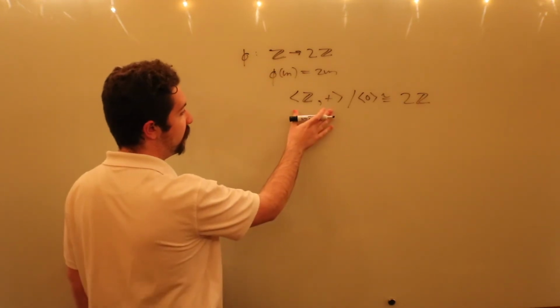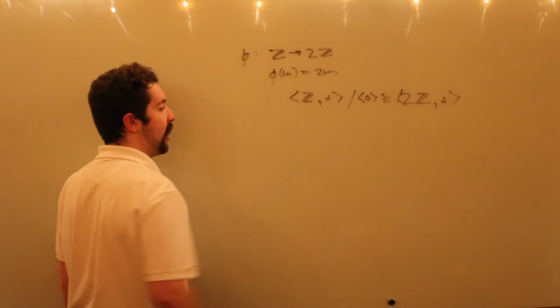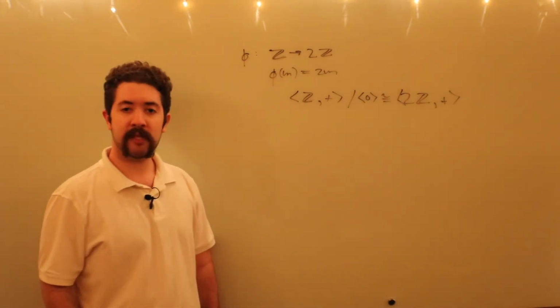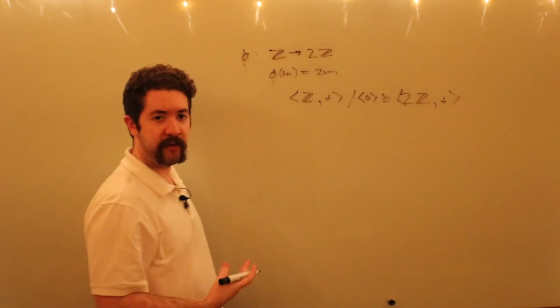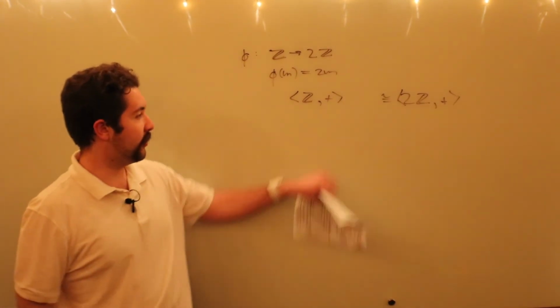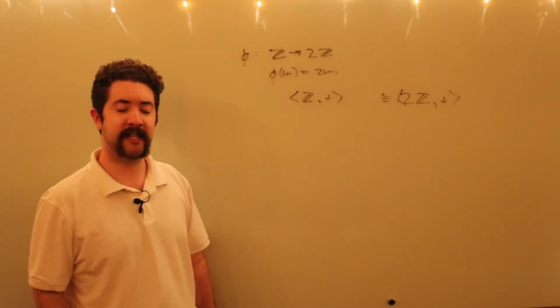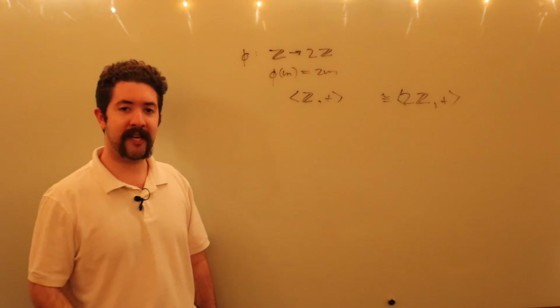We have that the additive integers quotiented by the identity element is isomorphic to the even additive integers. And in fact, when you quotient by the trivial group, this is essentially the same as doing nothing, so that these two groups are isomorphic.